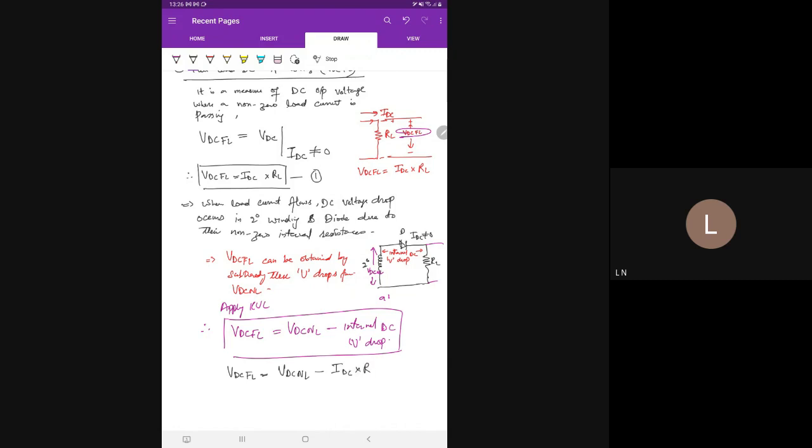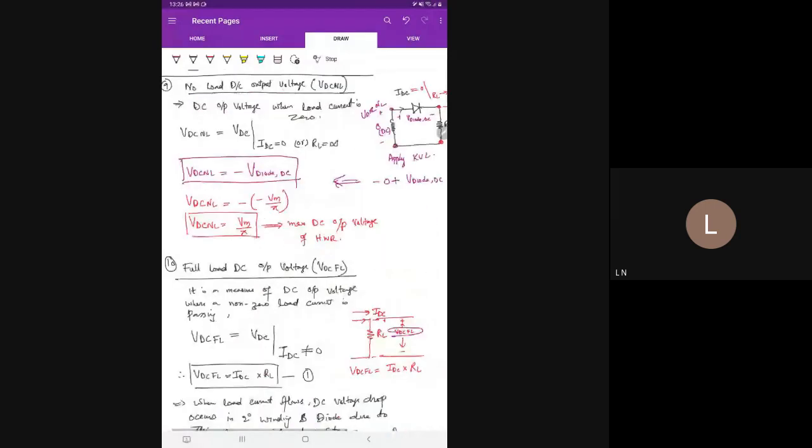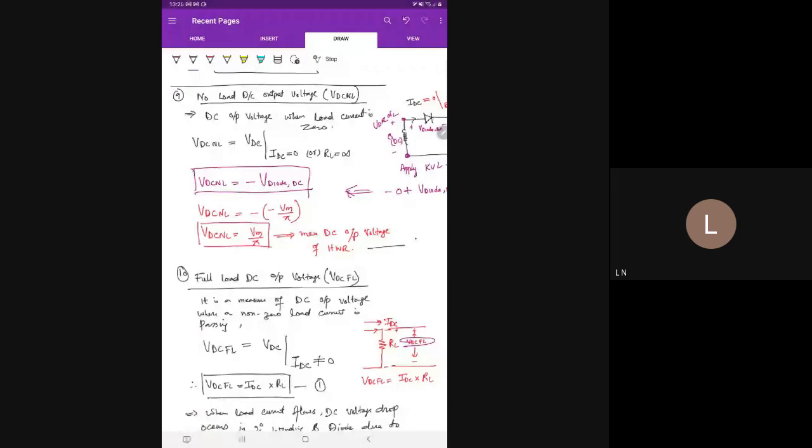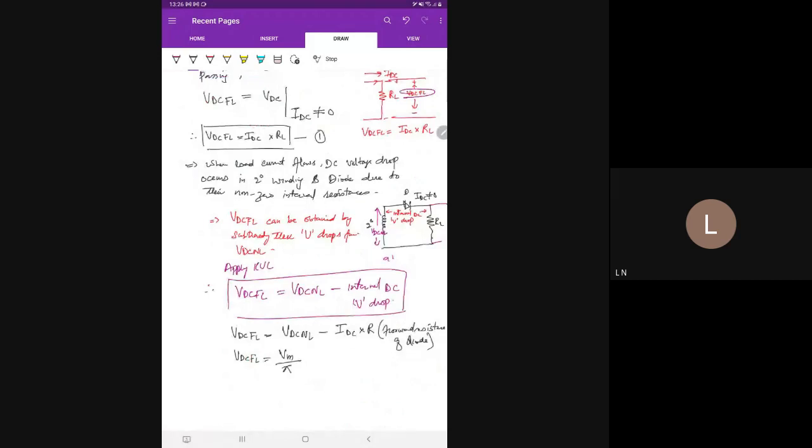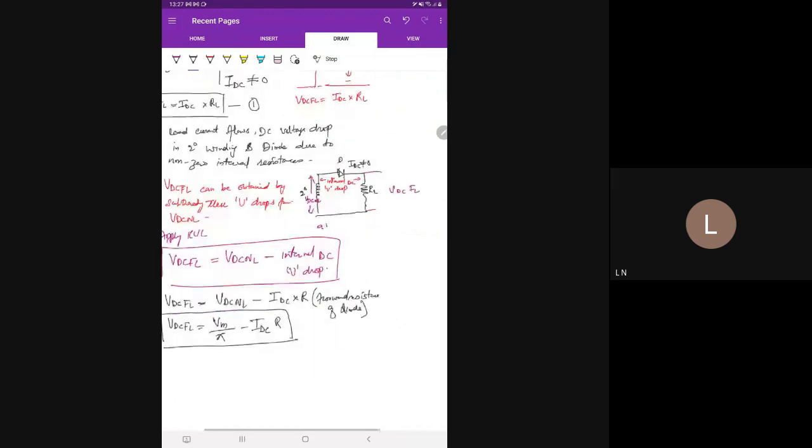Say, for example, the forward resistance of the diode is R. So VDC full load is equal to VDC no load, which from the earlier equation is Vm by pi, minus IDC into R. So this is VDC full load, and suppose this is now equation 2.